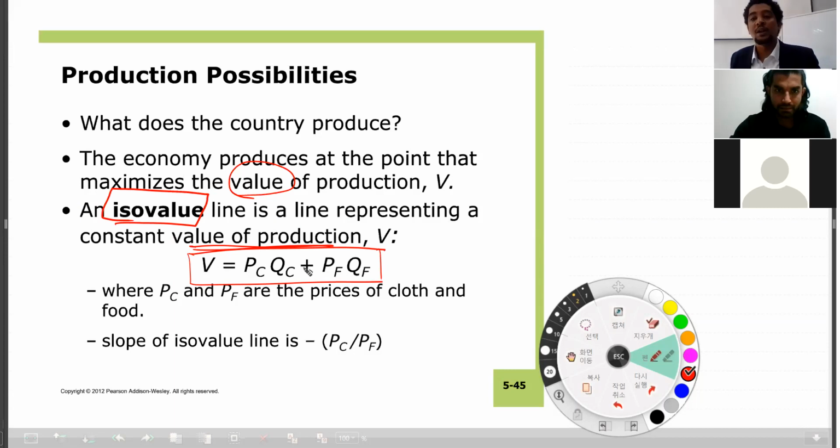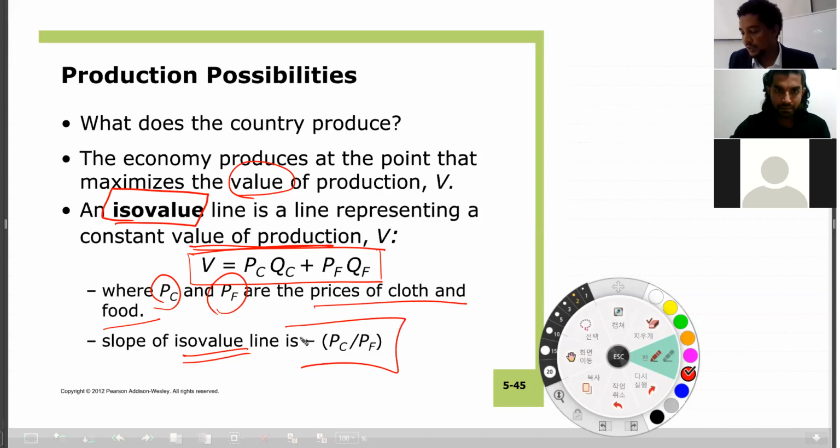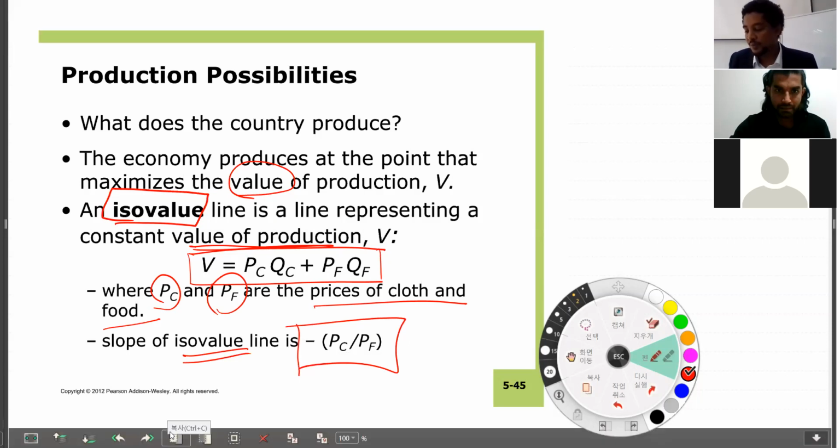This is the total value from the production, right? Quantity of clothes we produce times its price plus quantity of food we produce times its price will give us the value of the whole production, right? So where PC and PF are the prices of clothes and food, and the slope of the ISO value is this one, okay?